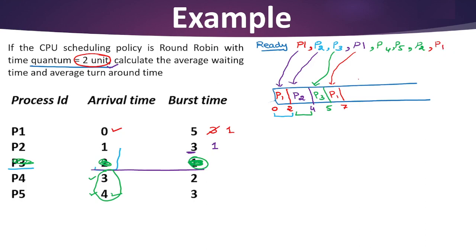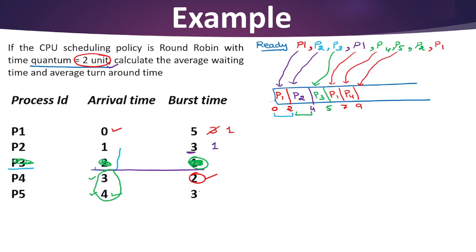Okay, so after that, let's move P4 here. P4 wants CPU for 2 seconds, so it is executed completely. 7 plus 2 is 9. Okay, then we have process P5 here.